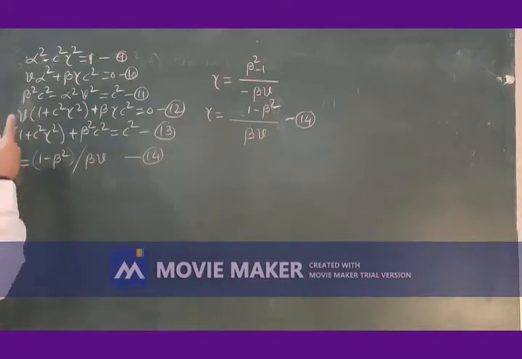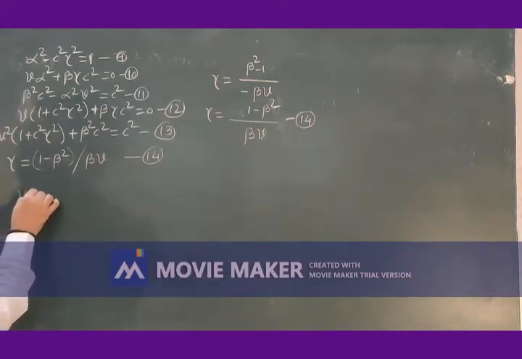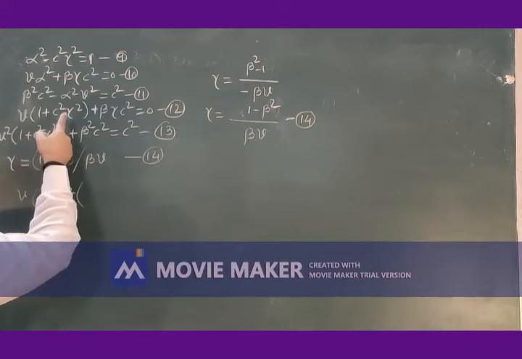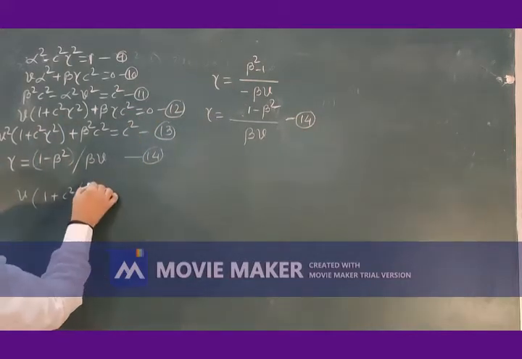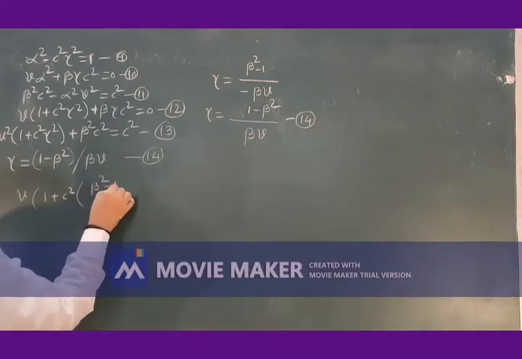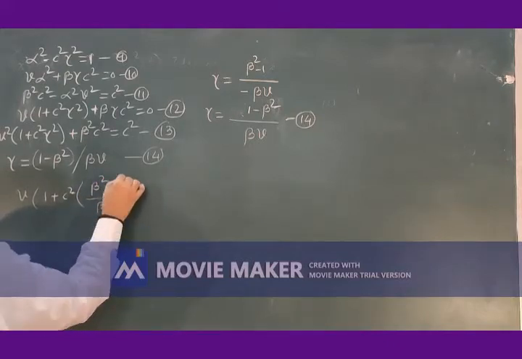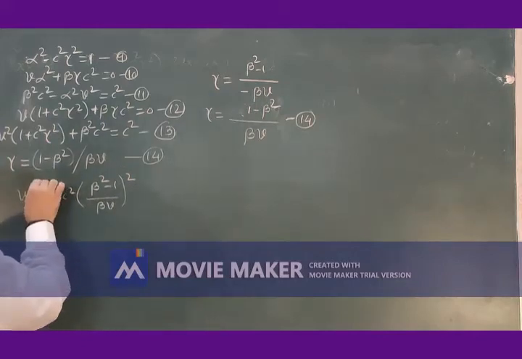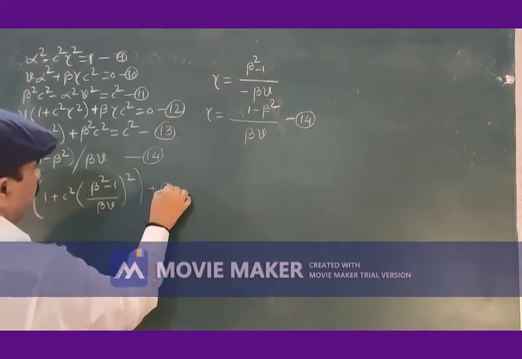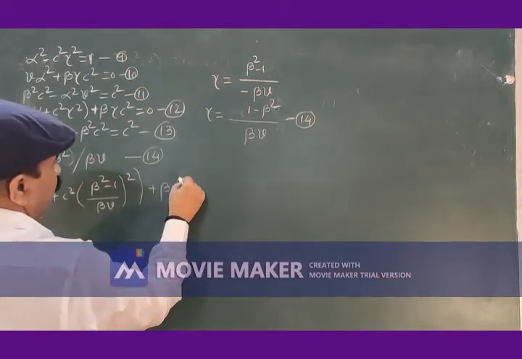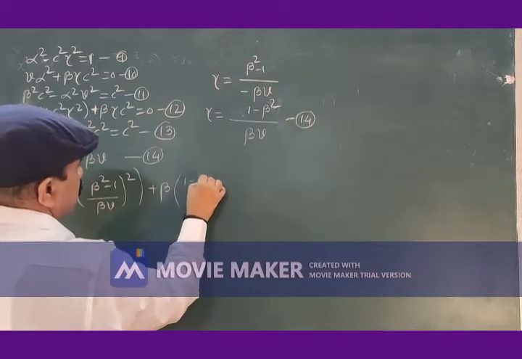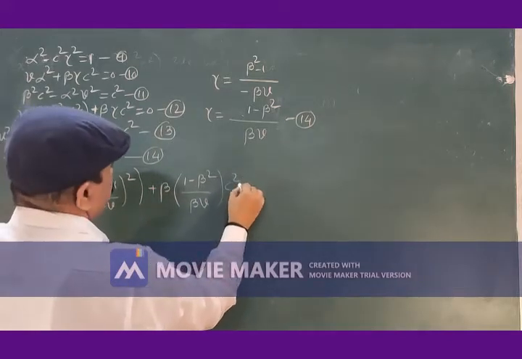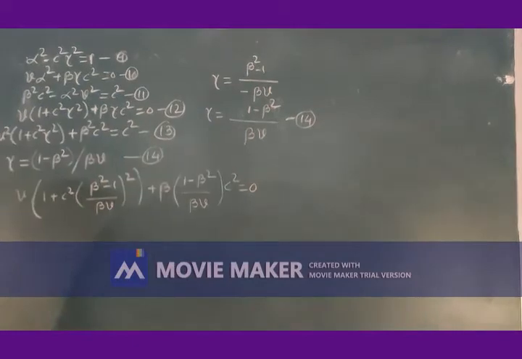By doing so, equation 12 may be written as v into 1 plus c square into gamma square, and therefore I can simply write this as beta square minus 1 divided by beta v whole square, plus beta into gamma, for which let me put 1 minus beta square divided by beta v, into c square is equal to 0.